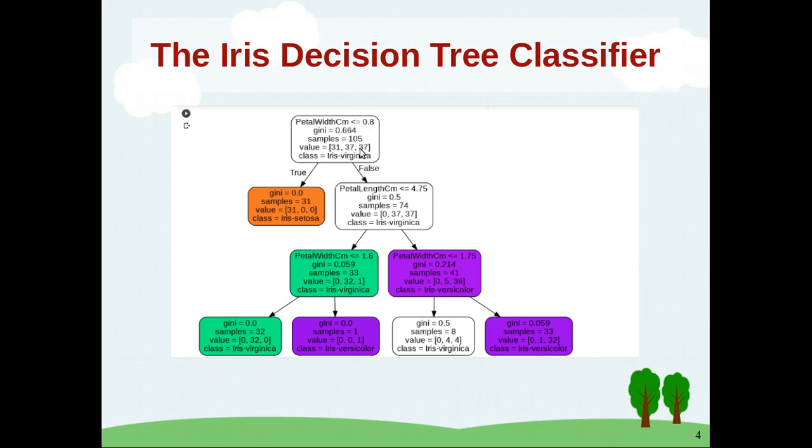Like if petal width in centimeters is greater than 0.8, petal length in centimeters is greater than 4.75, and petal width in centimeters is greater than 1.75, then that flower is of species Iris versicolor.